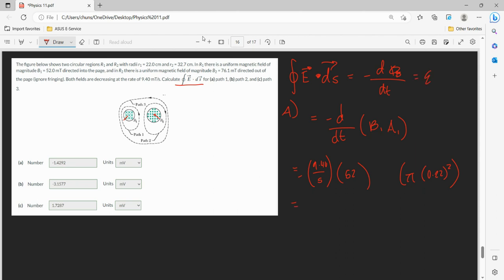Okay, so in this case, we've got 9.4 times 52 times pi times 0.22 squared. And this gives us, second thought, I will actually put that in there.